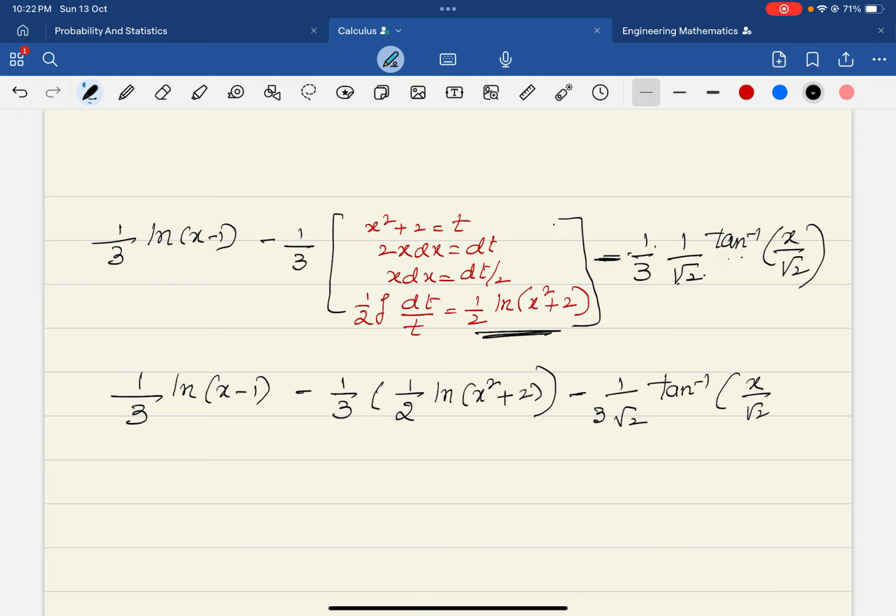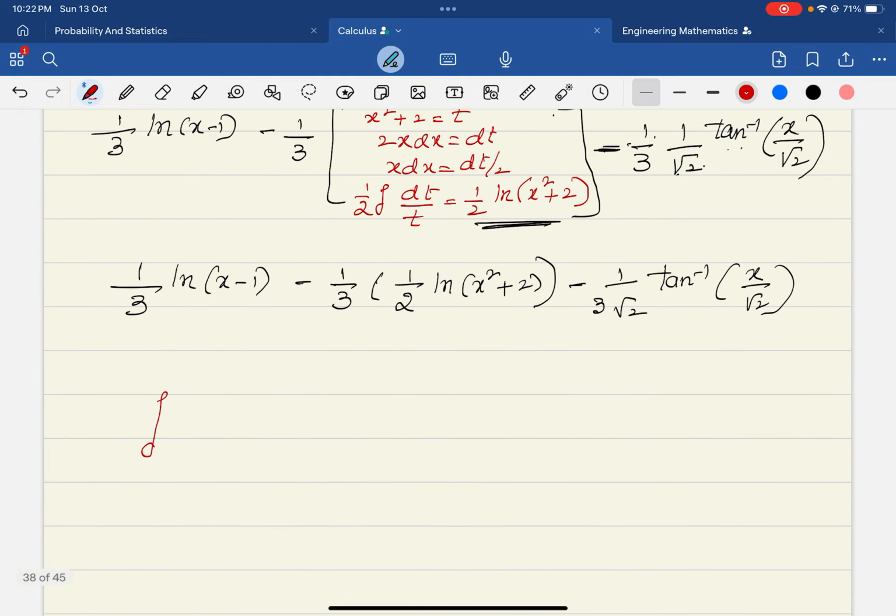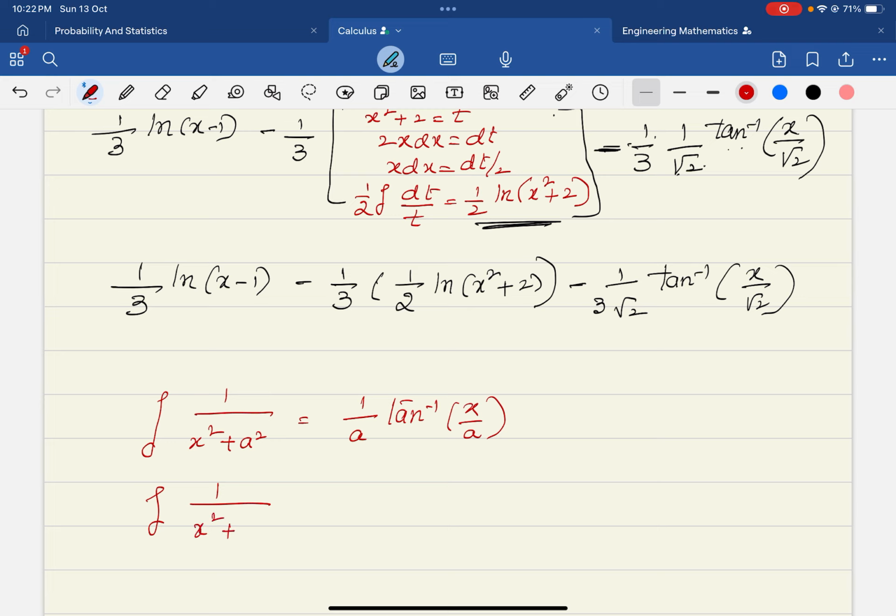I hope you could understand the formula here, what we did. Integral of 1 over x square plus a square is given by 1 by a tan inverse of x by a. Now what we have done here is 1 over x square plus 2. 2 can be written as root 2 the whole square.